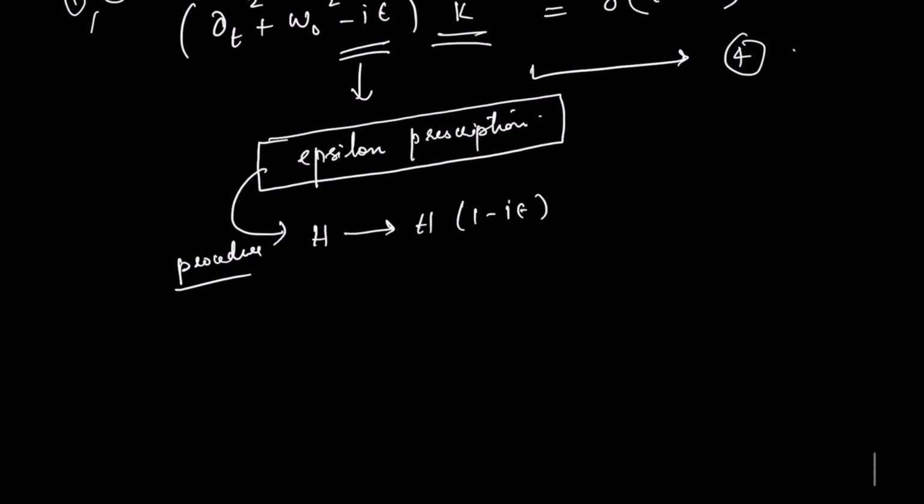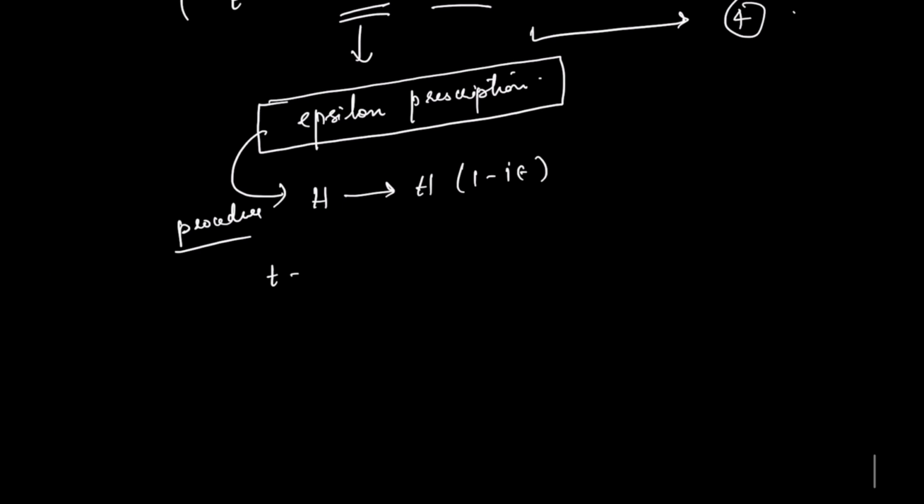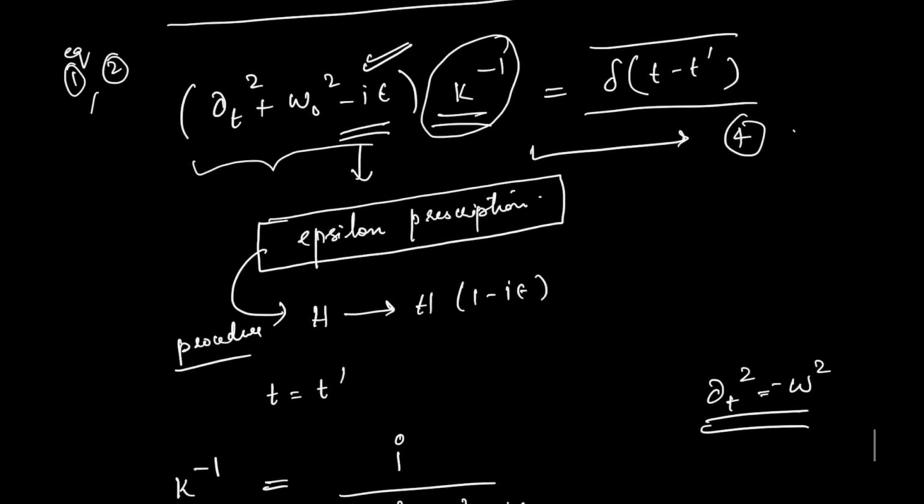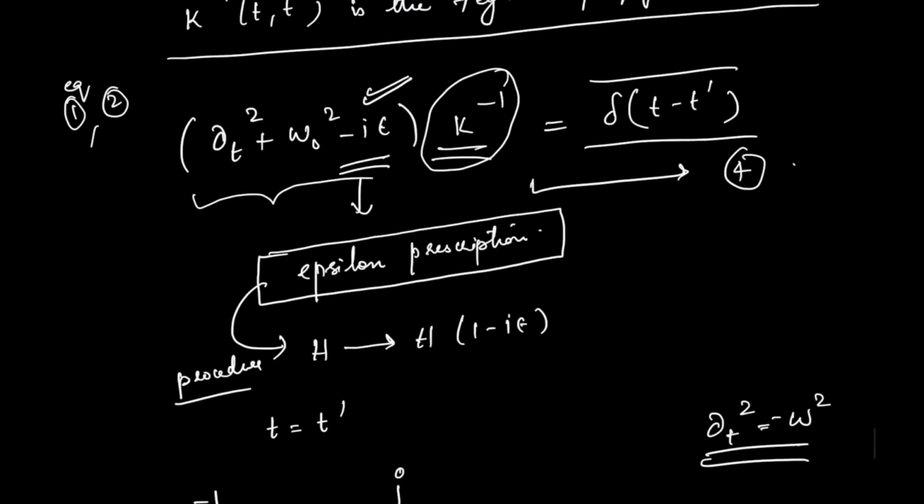Therefore, in momentum space for t equal to t prime, I can write that it is equal to i GF of t prime. If I substitute K inverse of 0, then here it will be delta of 0, which is 1.